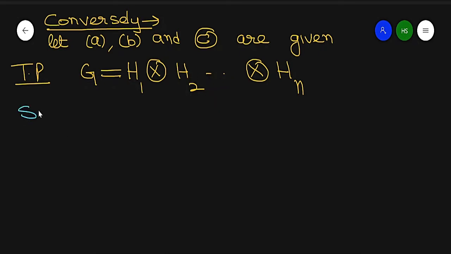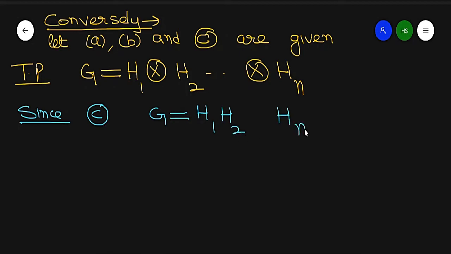Now by property number 3, which is C, we know that G is equal to H1, H2 and Hn, these values.